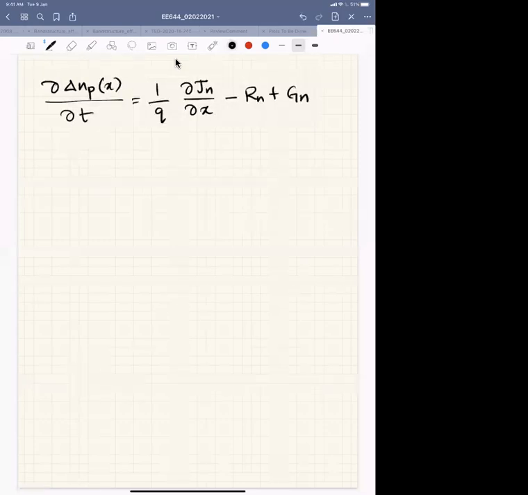Here I am assuming that there is no generation. Generation will only happen if I have a very high electric field, or there is some additional light falling on the semiconductor, which is not happening. So my Gn equals 0.